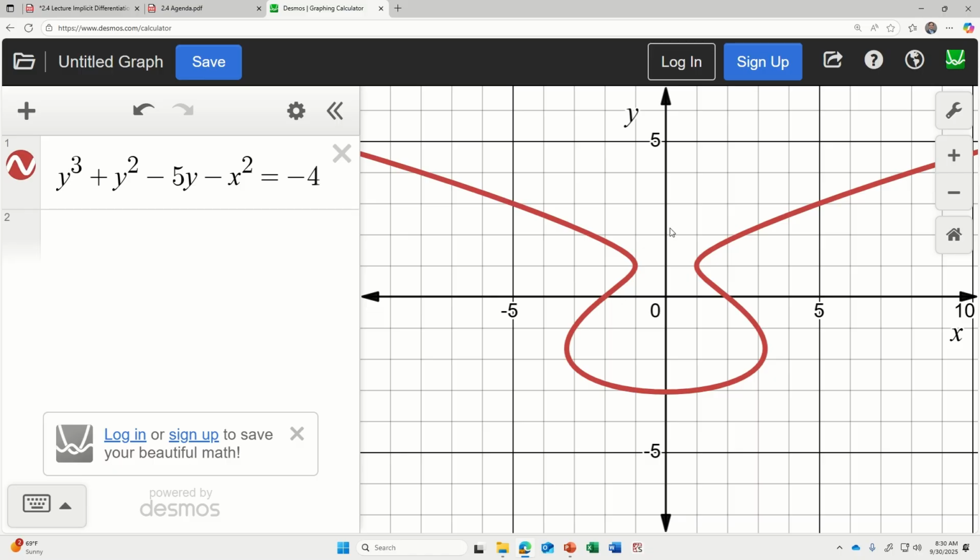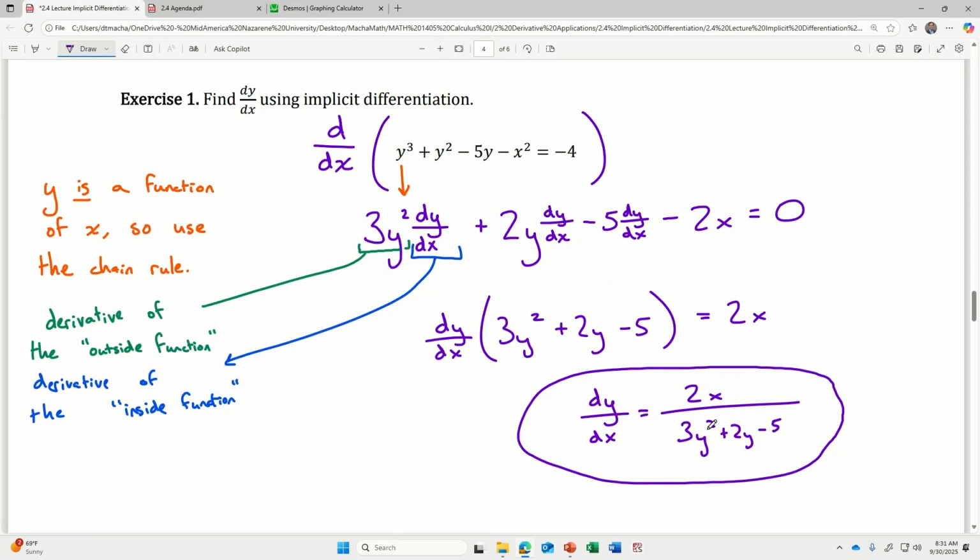But we can still find the slope of this curve if you choose any point and plug it into our derivative equation. Like maybe you want to know what's the slope of my curve at x equals 2, y equals 0, because that's a point right here. Well, then you could just plug in x equals 2, y equals 0, and that would give me 4 over negative 5.